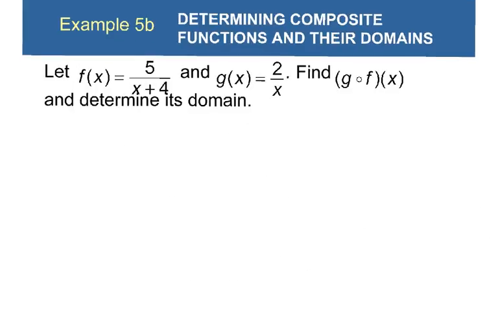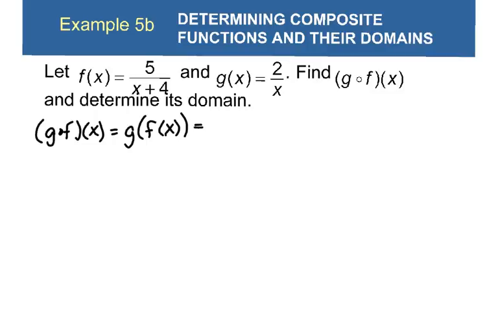All right, this is one last example before I let you guys go. We have the same functions as before, except we're determining g of f of x. Okay, and I'm going to rewrite it as we did before, just like this, g of f of x.